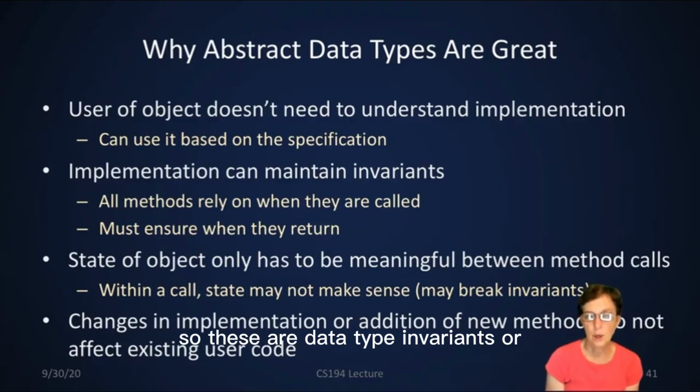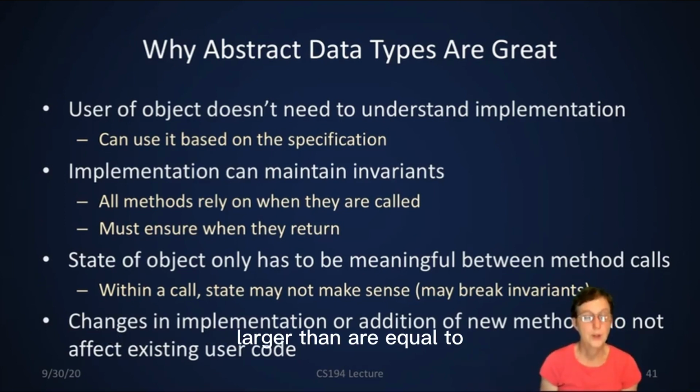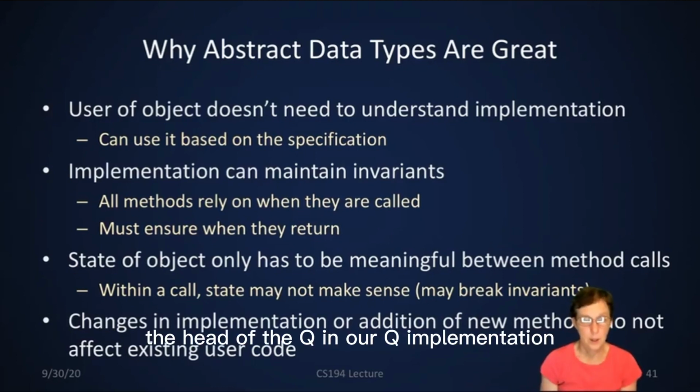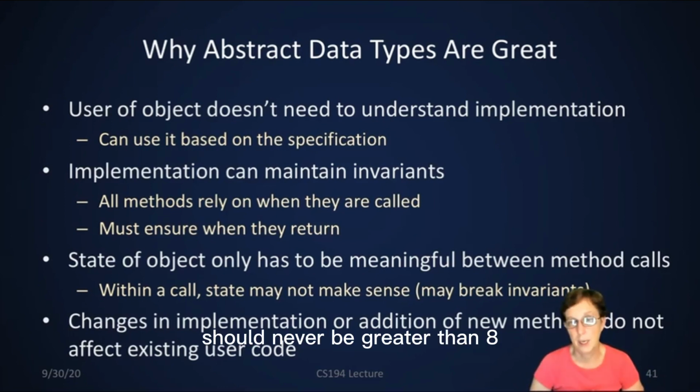So these are data type invariants or representation invariants that say that we, for example, know that the tail pointer is always supposed to be larger than or equal to the head of the queue in our queue implementation. And also that the difference between those two should never be greater than 8, because that's the number of elements that we have in there.